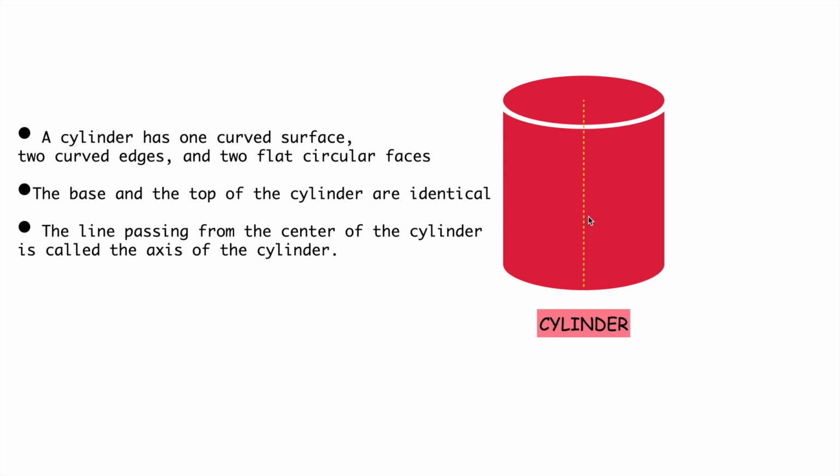This is the line passing through the center of the cylinder and this line has a name. Okay, we cannot just call it line of a cylinder. What is it called? It is called axis of the cylinder. So this line is known as axis of the cylinder. Got it? Interesting. New things to learn. Let's move ahead with the next one.